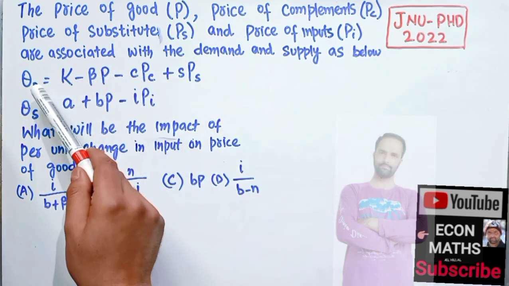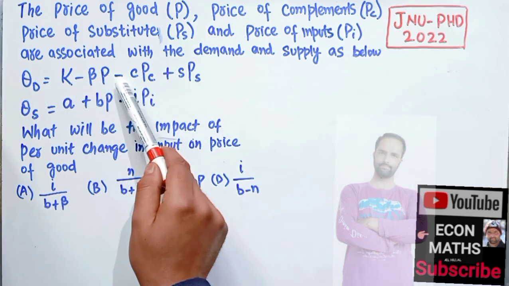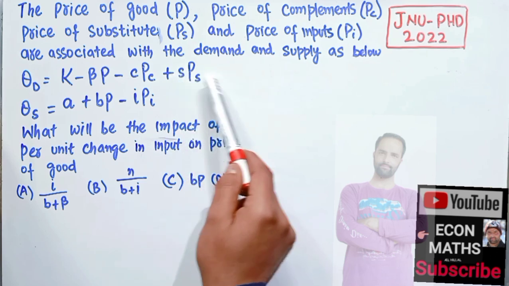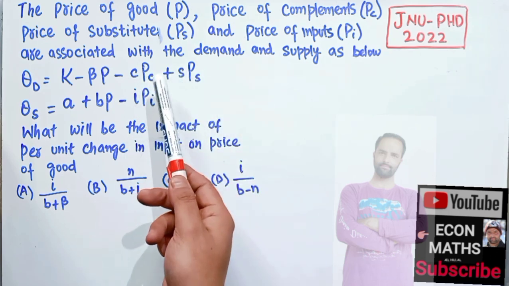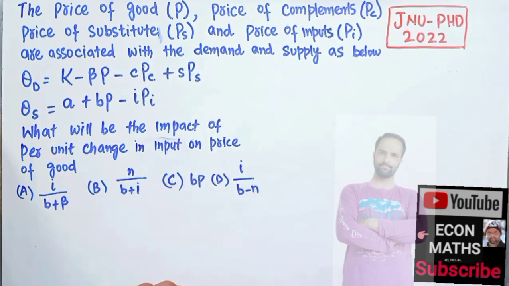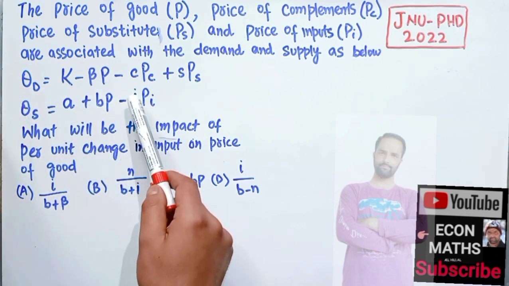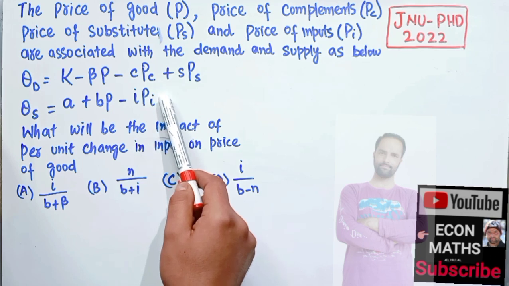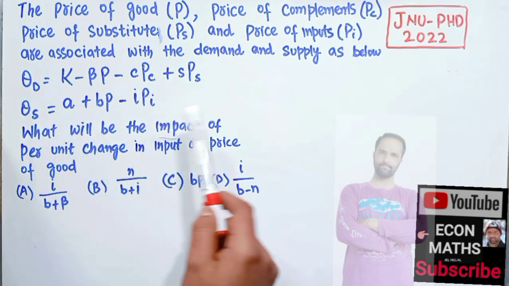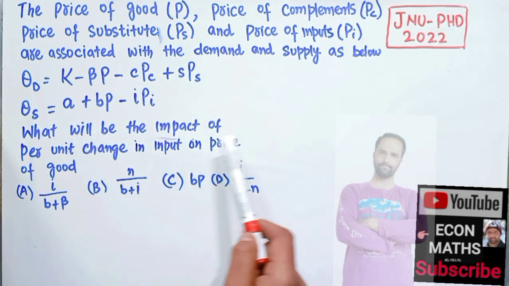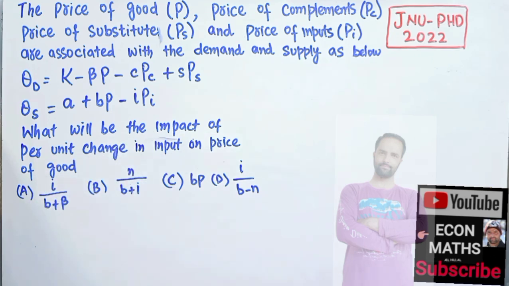Quantity demanded is equal to K minus beta P minus C PC plus S PS, where PC is the price of the complement and PS is the price of the substitute, and QS is A plus BP minus I PI, where PI is the price of input. We have to find out the impact of a per unit change in input price on the price of the good. The options are given here.